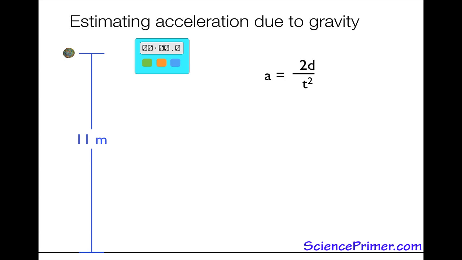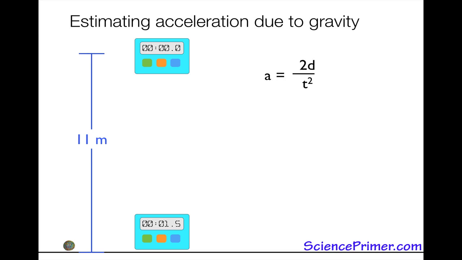So now to wrap this up, let's just use an example of estimating acceleration due to gravity with a ball and a stopwatch and some kind of way to measure distance. In this case, we have a ball that's 11 meters above the ground at time 0. We let go of that ball and time how long it takes to fall, and we find that it takes about 1.5 seconds to fall 11 meters.